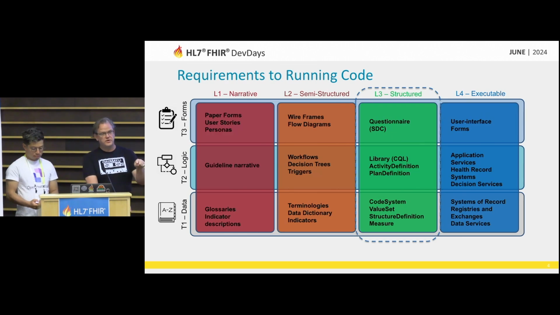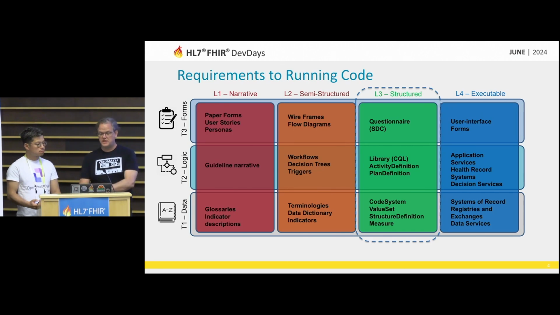At L2, that might be a flow diagram or a wireframe. At L3, that's a questionnaire, like a FHIR resource that actually structures the questionnaire in the presentation layer. And at L4, that's actually a smart app running and you're entering the data.